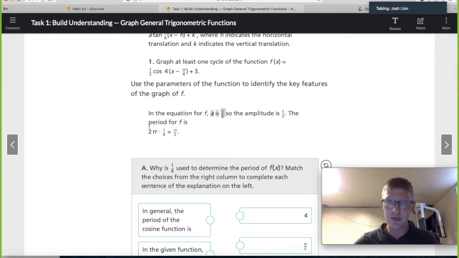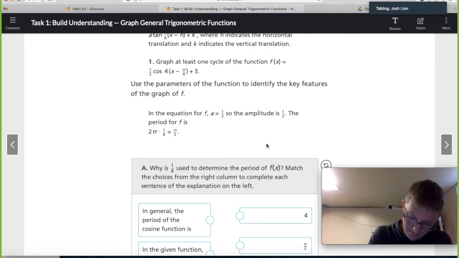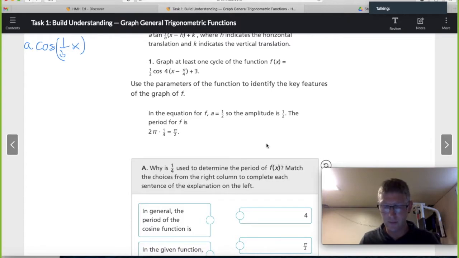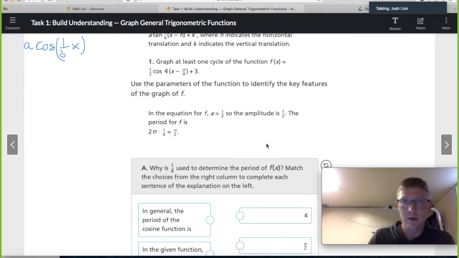Remember the generic function for cosine is a cosine of 1/b x, and then we're adding h and k, but we'll get to that.